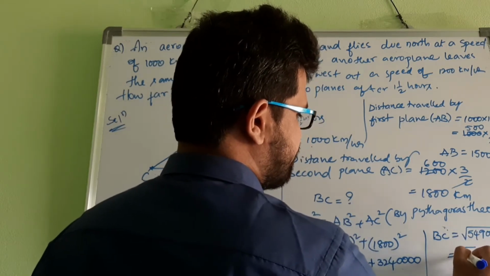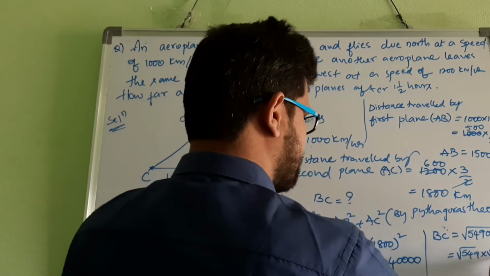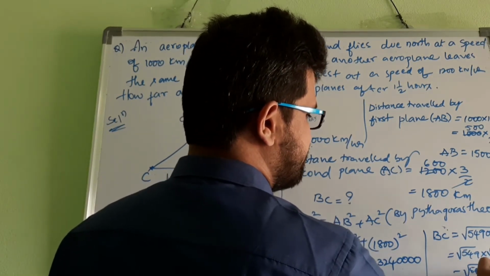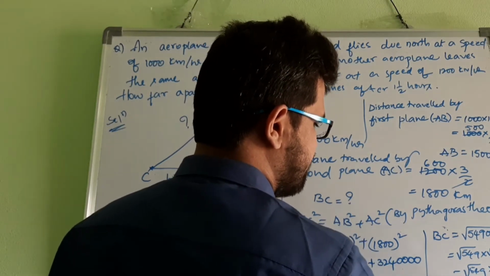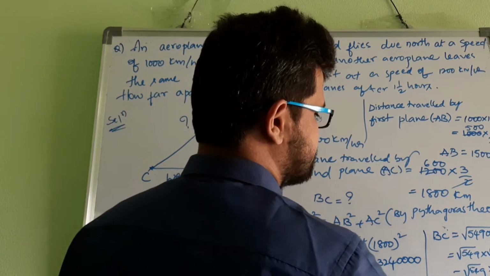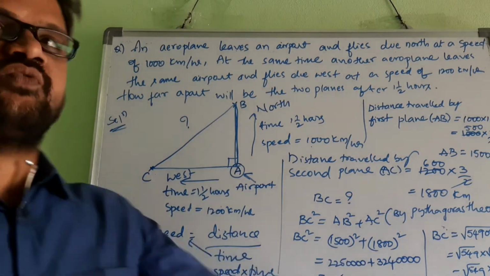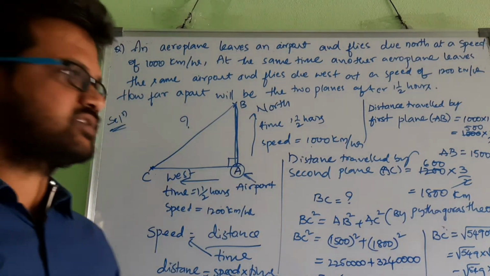This is the square root of 549 into the square root of 10,000. The square root of 10,000 is 100, so it is 100 root 549 kilometers. Okay, if you want you can simplify more, because 549 is not a perfect square.